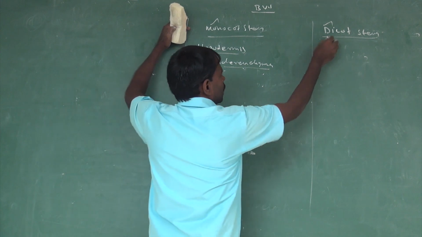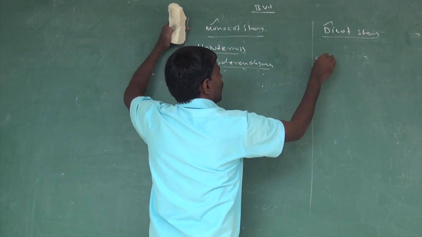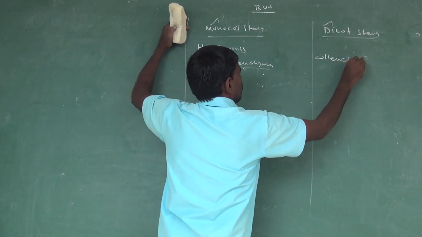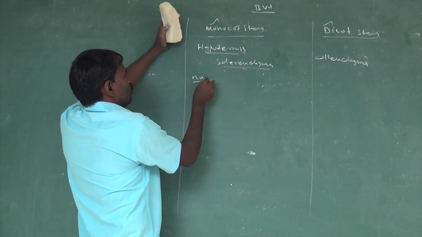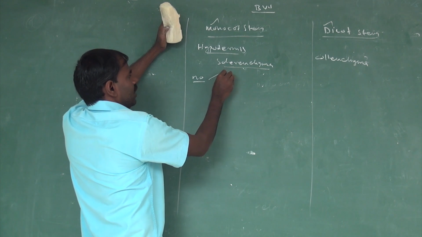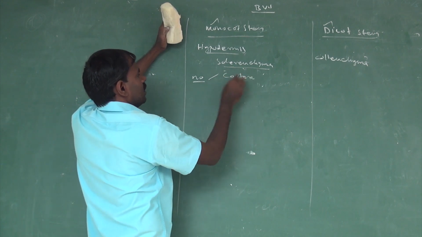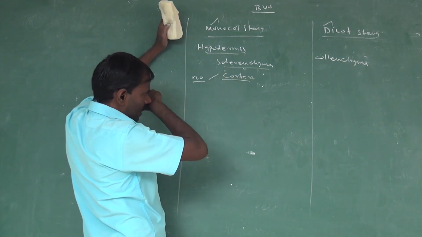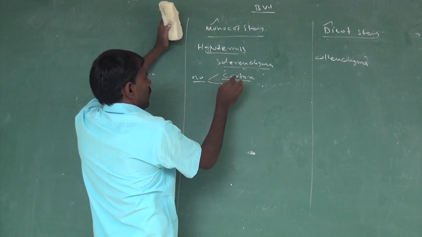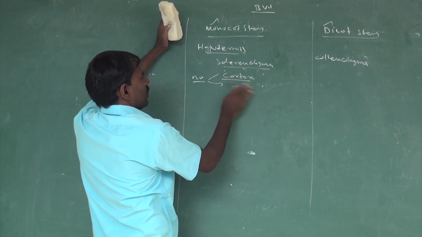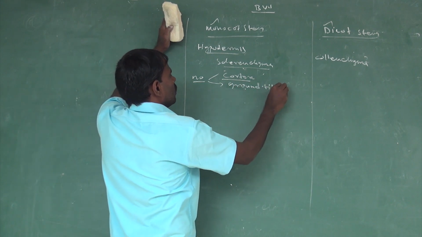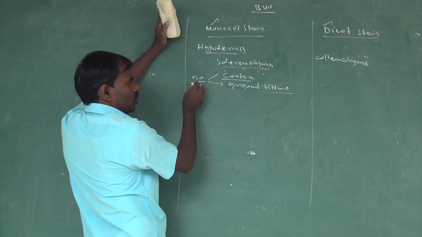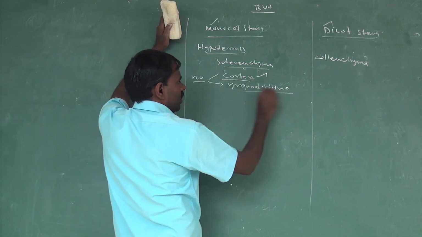In the dicot stem, the hypodermis is made up of collenchyma tissue. Next, in the monocot stem there is no distinguished form of cortex; it is ground tissue. There is no distinguished form of cortical regions, only ground tissue.